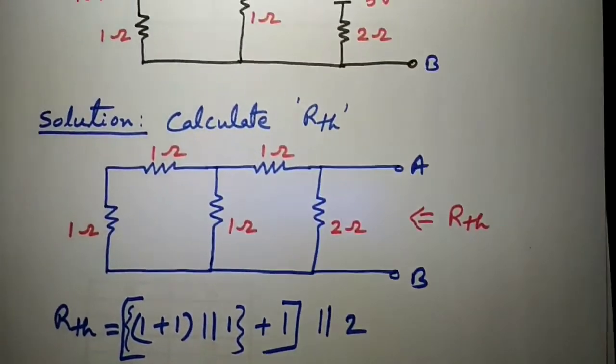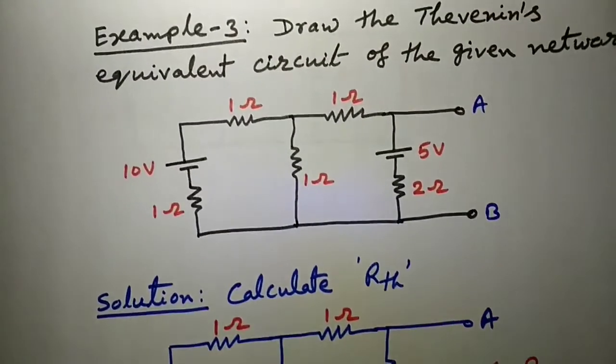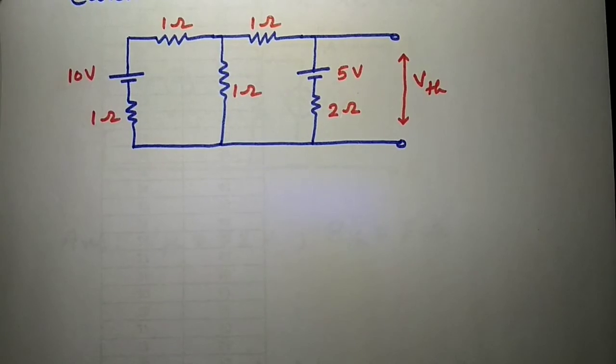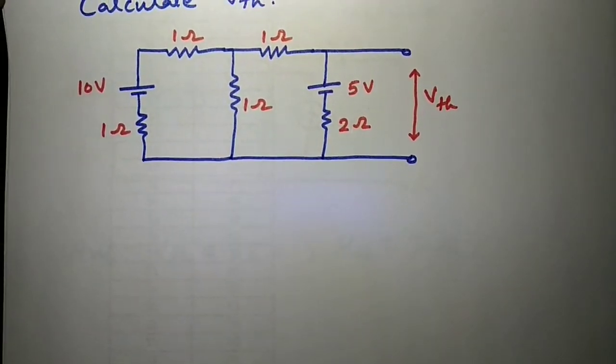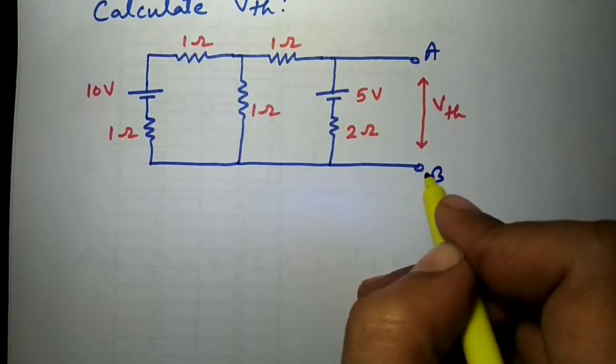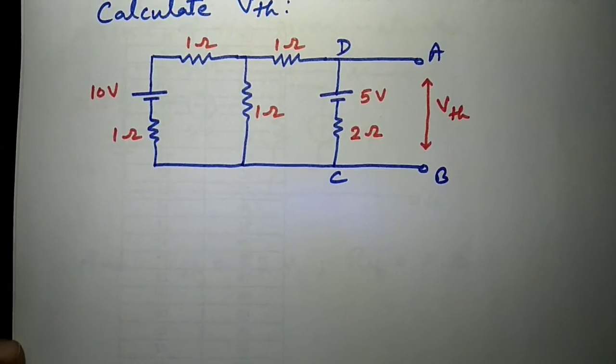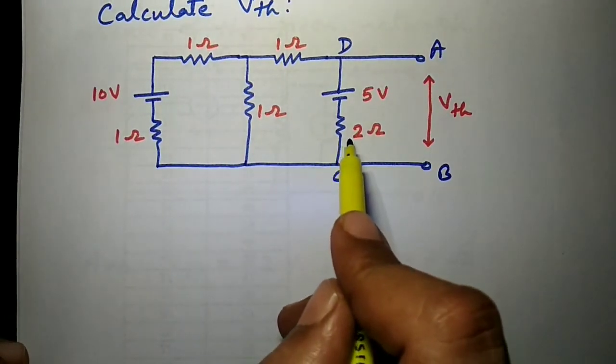In the next part, we will calculate VTH. So for VTH, this is the circuit. Terminal A and B. Let's say it is C and D. So ultimately we have to calculate the current through this 2 ohm resistance.